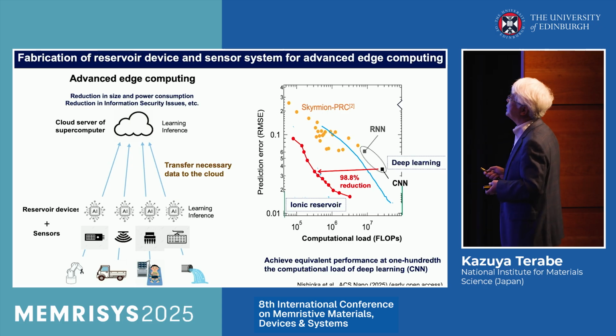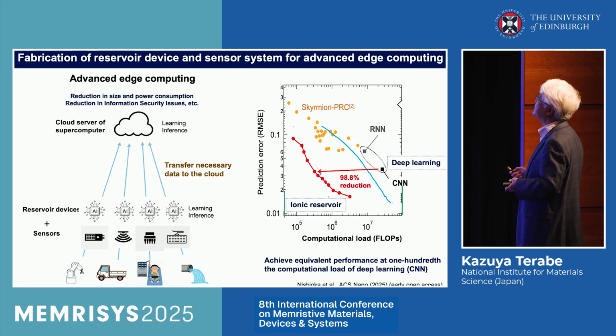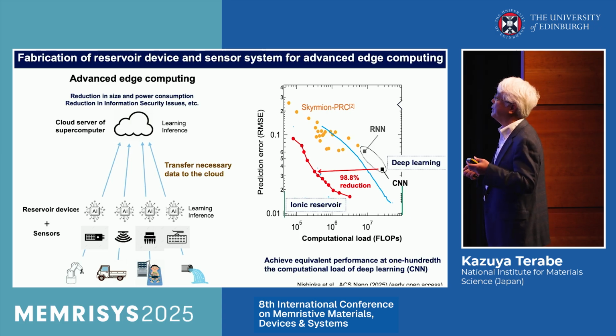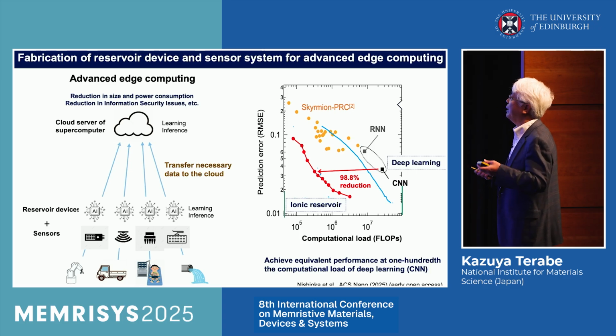So fabrication of the reservoir device and the sensor system for advanced edge computing. This is an image of edge computing. There are so many events, and the sensor is collecting data from these events. Usually this data is directly transferred to the supercomputer, but there is so much data that it causes very high power consumption.